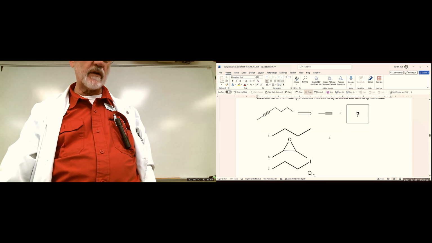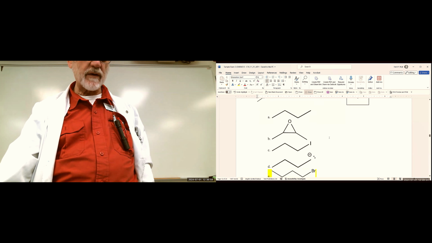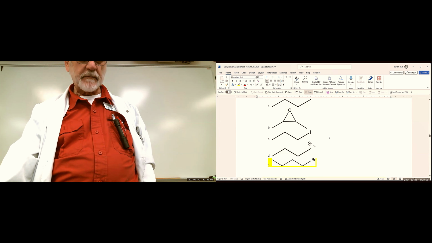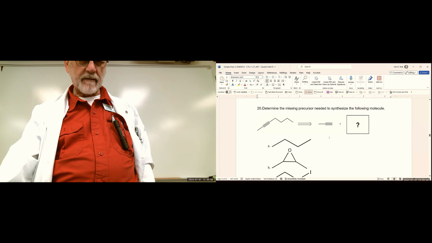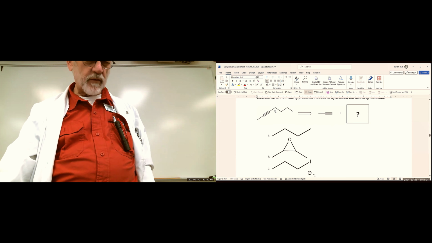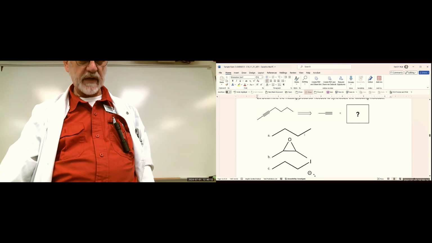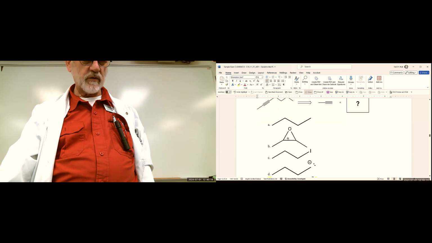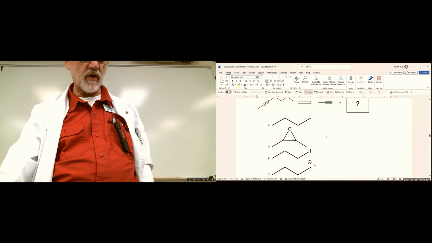Unless there's a hydrogen there. Okay. So if there's a hydrogen there, I don't know about that. We need, okay, if we're going to break the bond here, it needs 1, 2, 3, 4 carbons. Right? You're not going to do it with butane. You're not going to do it with the epoxide. It's just going to open up.